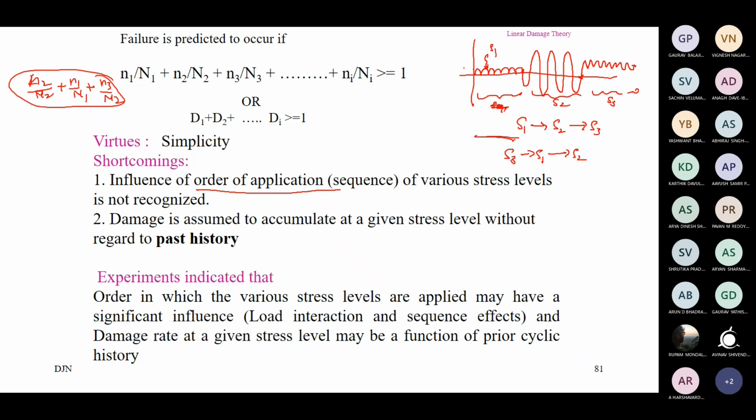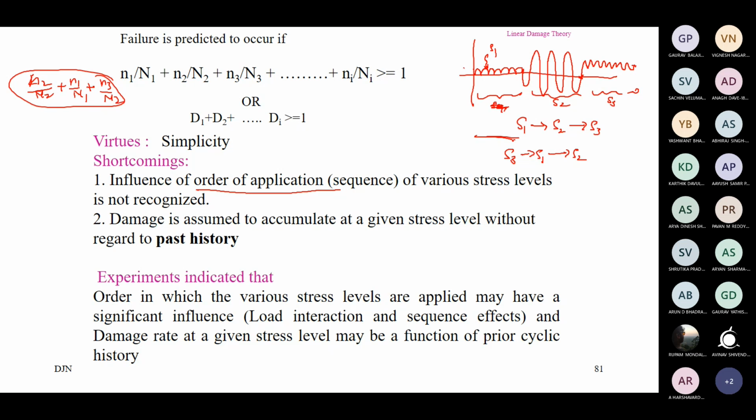And at that time, this theory will give you good results. When compared to nonlinear theory, you use both and see the results are comparable. A minor variation could be there, very small. So if we are applying this theory in the high cycle fatigue regime, then it is appropriate.